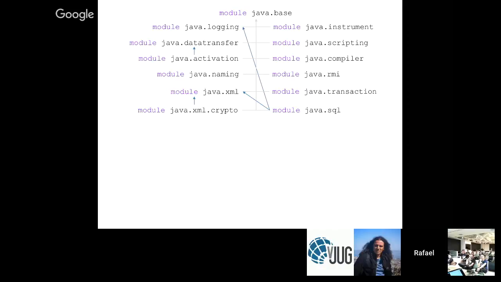These are pretty clean restrictions. Java SQL, for example, contains the JDBC API, which is a rather used API, but not all modules need SQL interaction, right? And you can now see that in order to do SQL, you actually need to do XML as well, because some SQL databases support XML types, which are represented by the XML module.